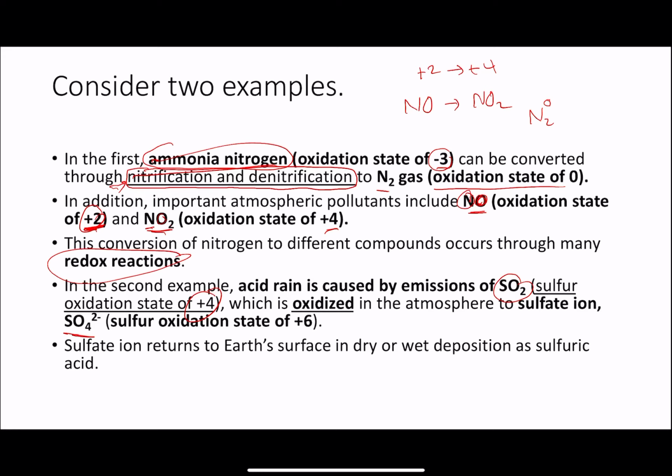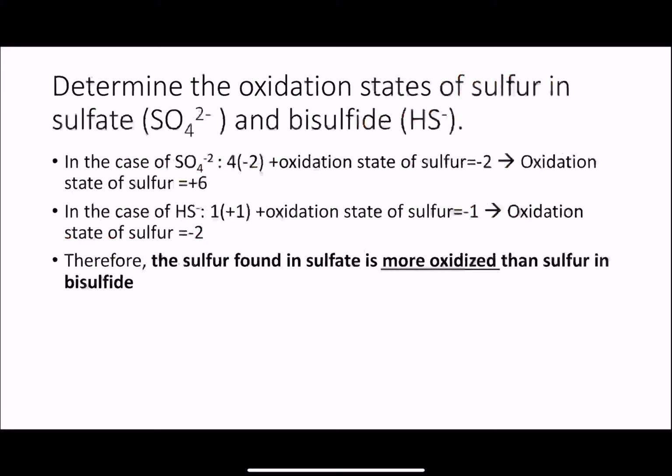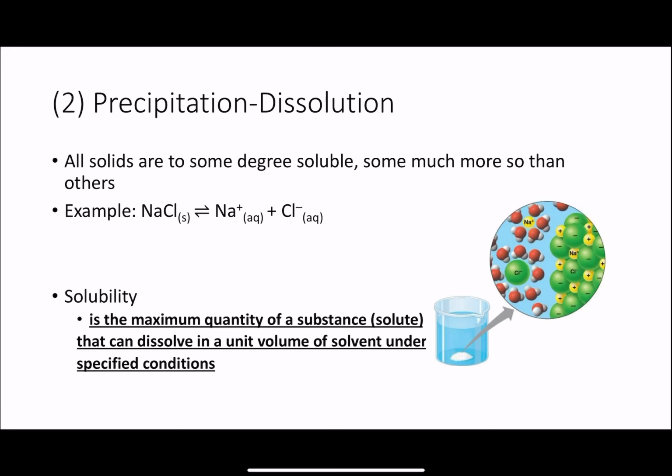So SO2, which is plus 4, will oxidize to SO4 2 minus, and corrosion will happen later on. The sulfur will change from plus 4 to plus 6. Okay? There are a lot of examples here. You should look at them for your studying.